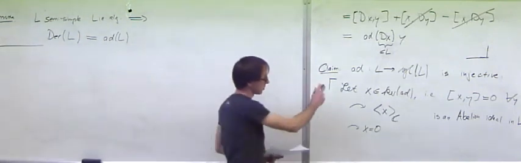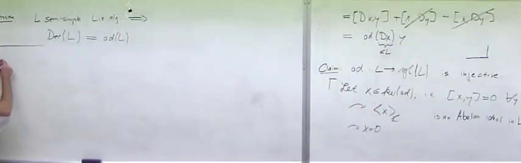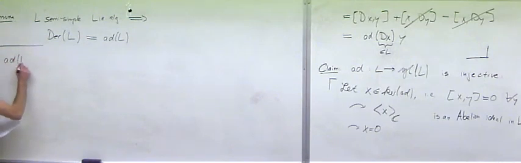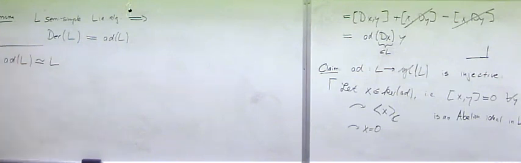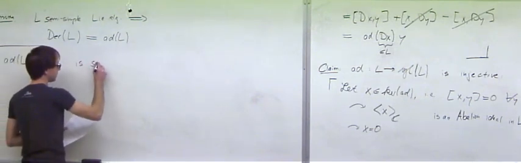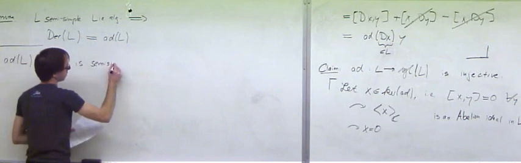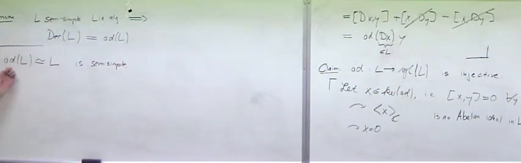Well, if it's injective, then the image of the adjoint map is isomorphic to the domain. Suppose that L is semisimple. If the image is isomorphic, it's also semisimple.